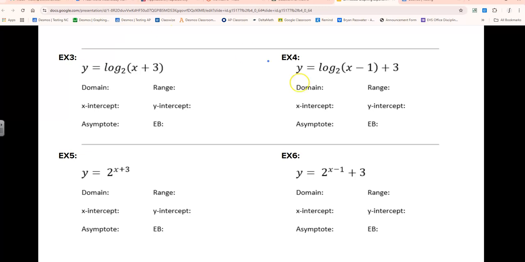You can graph these on Desmos to see them. When it says EB right here, that means end behavior. You can write it shorthand like this instead of writing as x approaches: as x, then an arrow, negative infinity, and positive infinity.